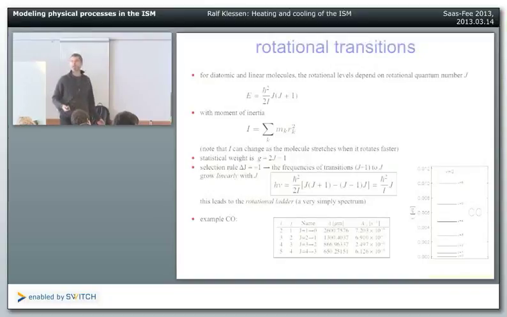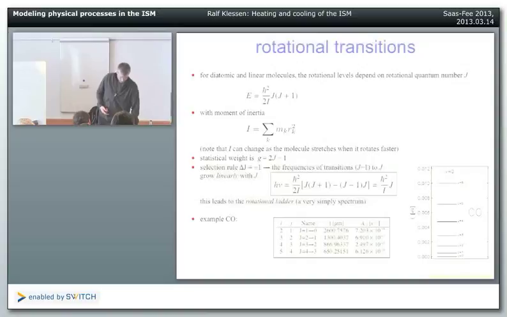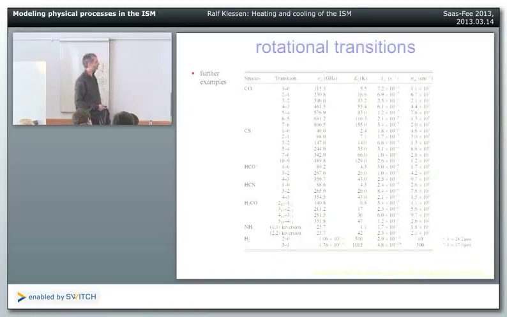It's very simple to identify. And this is just tables from Xander Tielens' book of the various transitions, the transition frequencies, the energy associated, the Einstein A coefficient, and the critical density for this line to be excited.